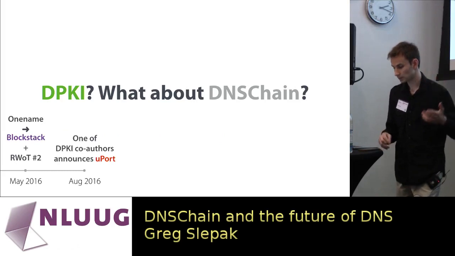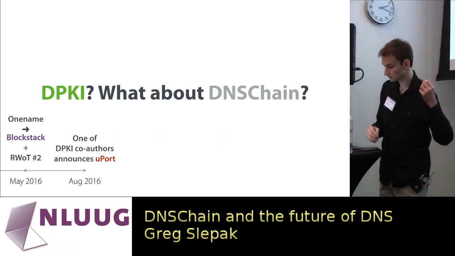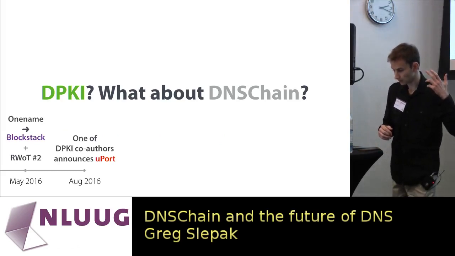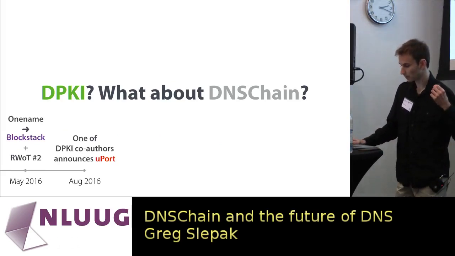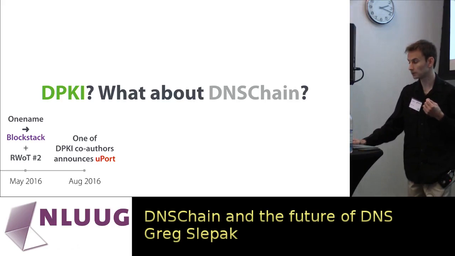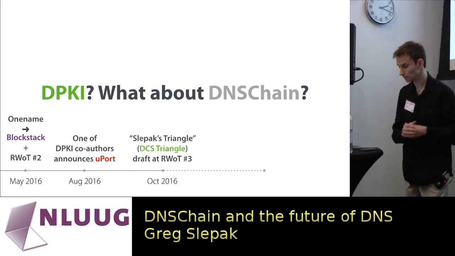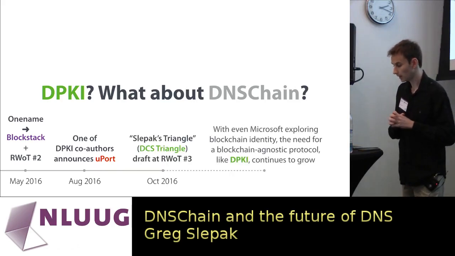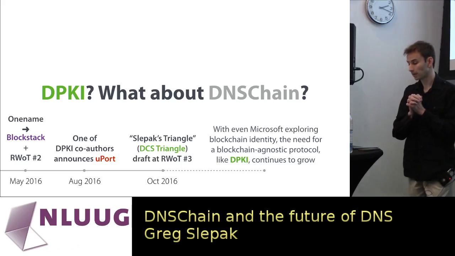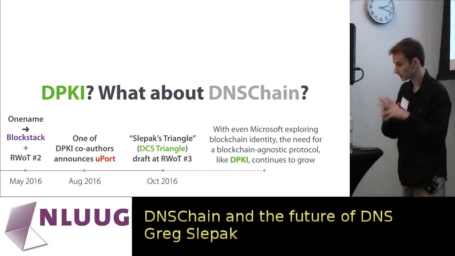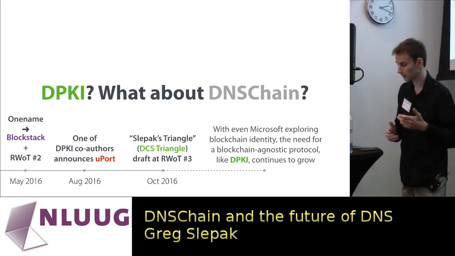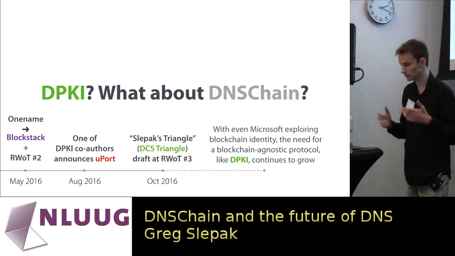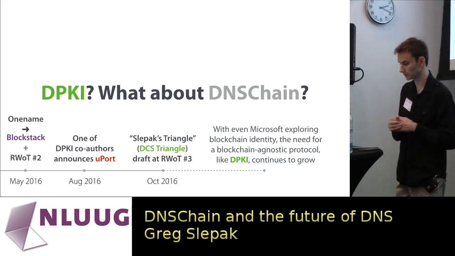OneName renames themselves to Blockstack. Rebooting Web of Trust 2 happens in New York. One of the co-authors of the DPKI paper announces uPort for Ethereum, which is a very cool project. At Rebooting Web of Trust 3, I submit as a draft the Zooko's Triangle. Little did I know somebody had already written on this topic, so we're now calling it the DCS Triangle, using their terminology.